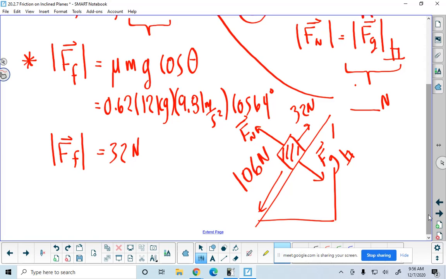I want everybody to see if you can figure out what the net force acting on that box is. And while you're thinking and working, I will throw a hint out to you, and that's that net means total. So I'm asking you, what's the total force acting on that box?